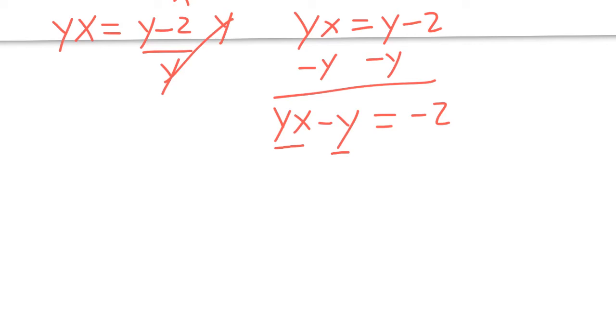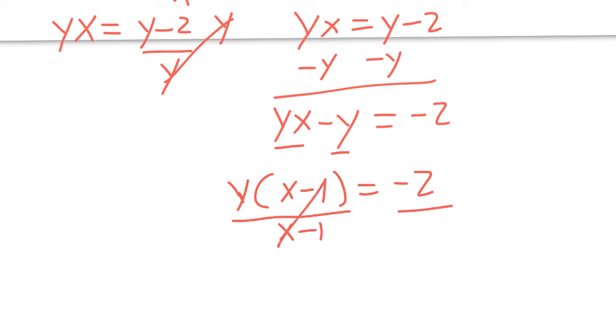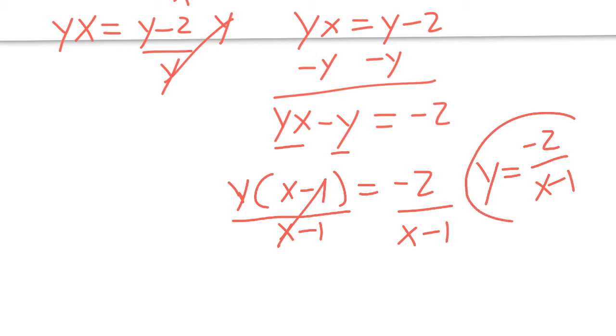And because each term has a y in it, I could factor out a y. And because I've now factored out a y, I could divide out the x minus 1, which would leave the y by itself. So y equals negative 2 over x minus 1 is the inverse. And you could prove that to yourself by graphing it and checking for symmetry on y equals x.